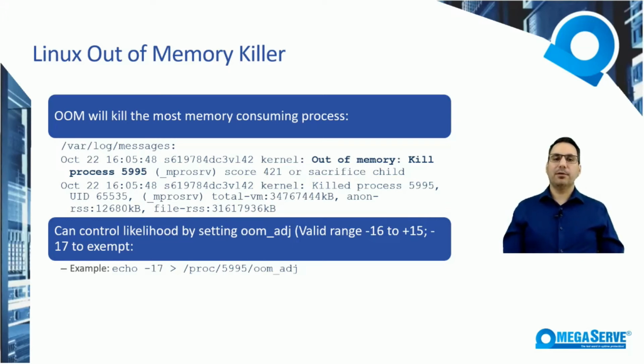You can set a value inside /proc/ the name of your process /OOM_ADJ, and you can adjust the kill score from a -16 to a +15, or set it to -17 to avoid the process getting killed altogether.